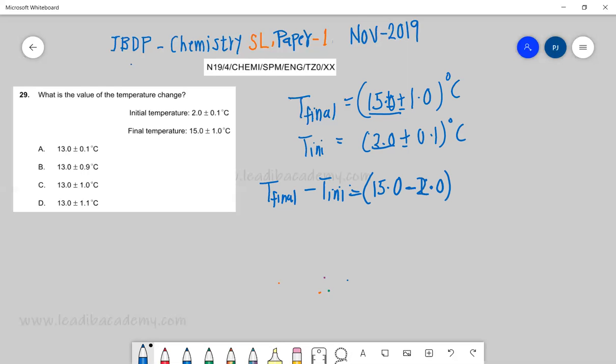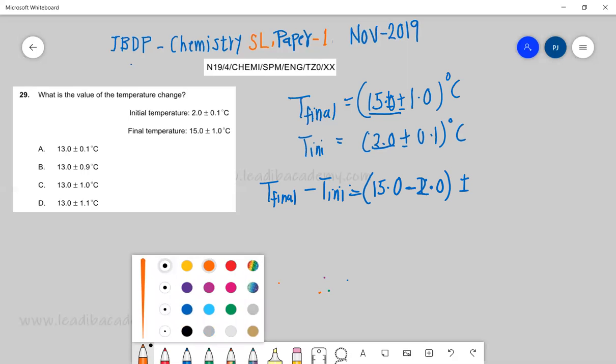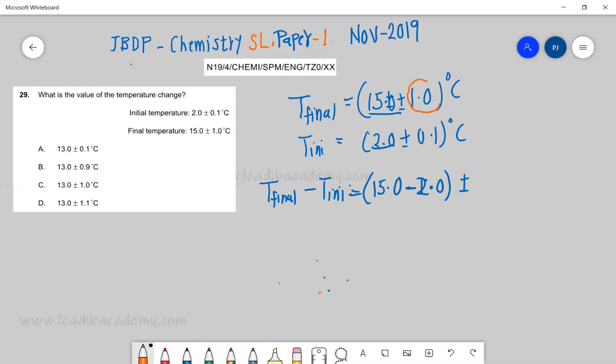Very important, please understand that this is the uncertainty in the reading. The uncertainty in T initial is 0.1, and in the final it is 1 degree Celsius. Always remember that uncertainties get added, so it would be 1 plus 0.1.